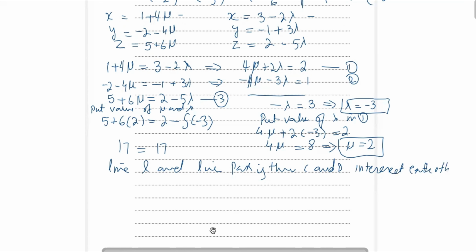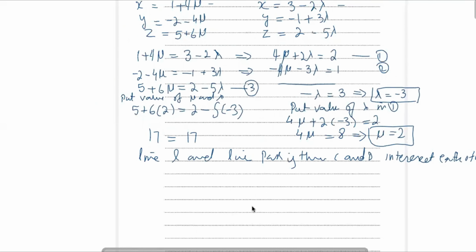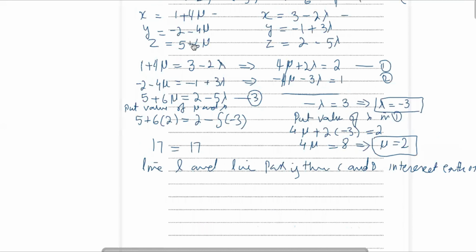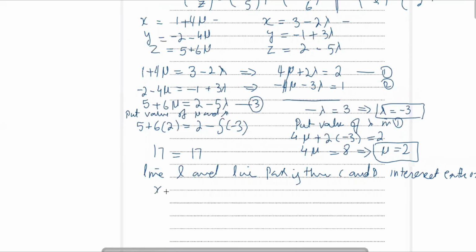And the point of intersection we can find by putting the value in any of these equations. So we can find the value of x. 1 plus 4 mu. Now we can write 1 plus 4 into mu, which is 2. Therefore, that value is 9. And same here, y will be equal to minus 2 minus 4 mu. Now we can write minus 2 minus 4 into 2. That value will be equal to minus 10.